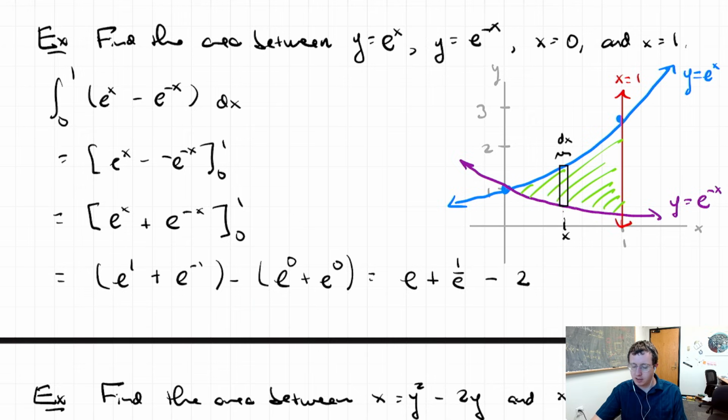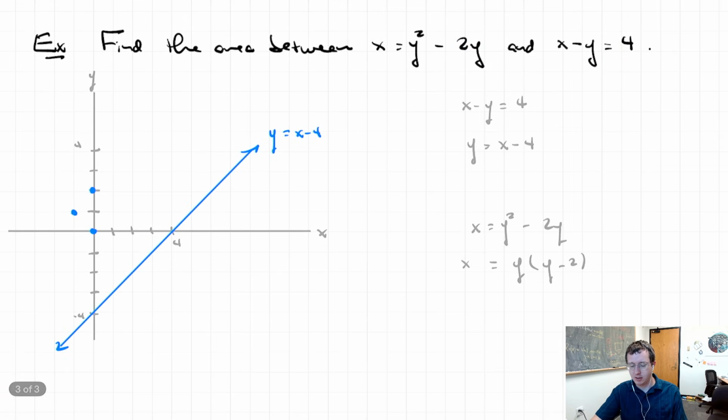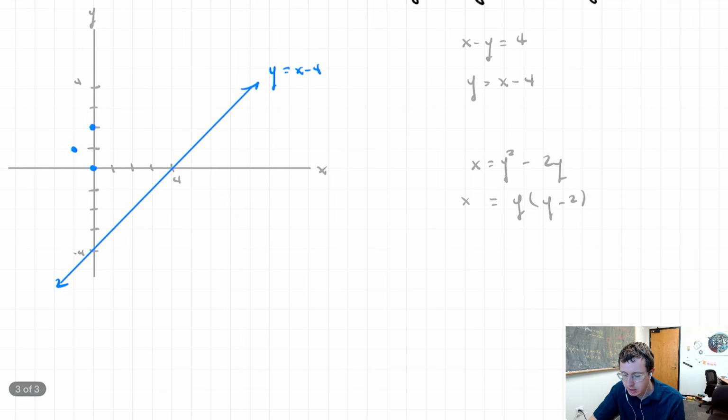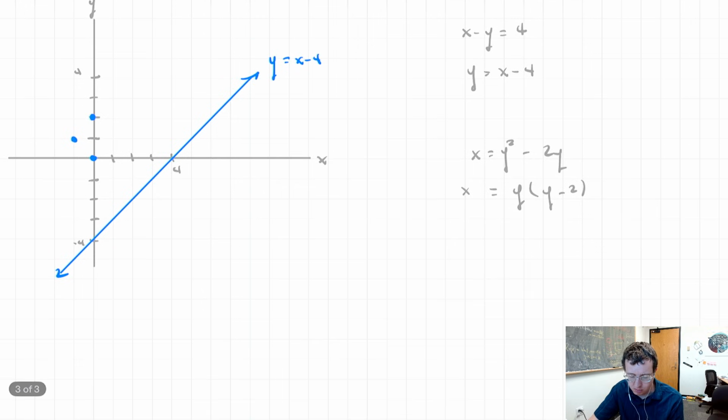This problem here is going to be tricky because we're going to end up needing to integrate with respect to y instead of x. I don't know if that's a topic that was covered in Calc 2. I'm assuming it was, but I don't know for sure.